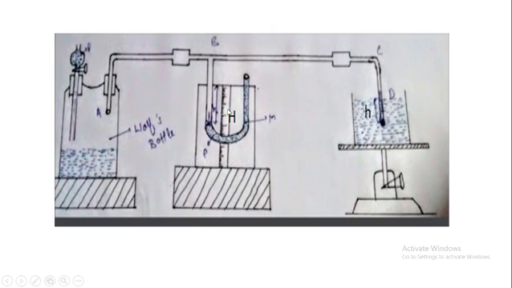Here a manometer tube is connected to the glass tube ABCD to measure the pressure. So this is the experimental arrangement for Jaeger's method for determination of the surface tension. Now, the liquid filled in the manometer tube has a density less than the density of the experimental liquid.